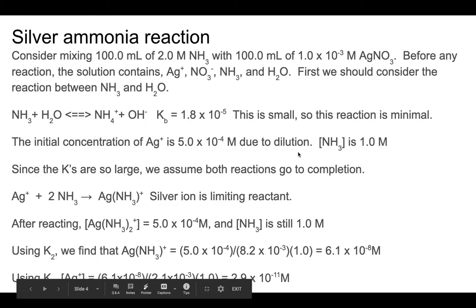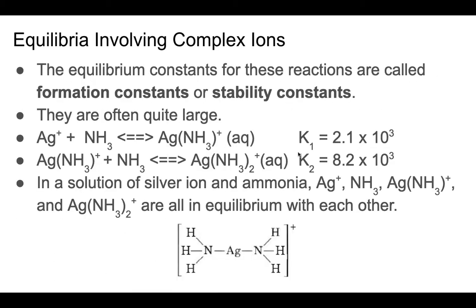K2 is 8.2 times 10 to the third, and it's equal to the silver ammonia with 2 ammonias on it divided by the ammonia's molarity and the silver ammonia with 1 ammonia on it at equilibrium. So if we do a little algebra on that, we can solve for the silver ammonia with 1 ammonia on it by dividing the silver ammonia with 2 on it by the ammonia and the K2.